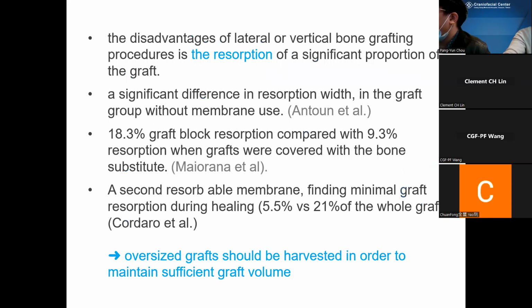The disadvantage of lateral or vertical bone grafting is the resorption of a significant proportion of the graft. Many of the studies recorded the resorption rate, and the suggestion by the authors is that an oversized bone graft should be harvested in order to maintain a sufficient graft volume.